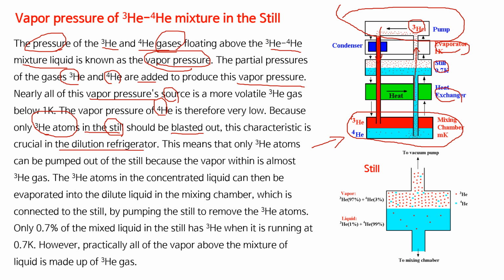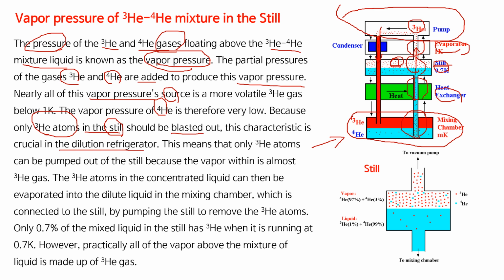And this pipe is connected to the mixing chamber, heat exchanger, the still, and the evaporator, the 1K plate. So basically, we pump out the helium-3 gas in the still.